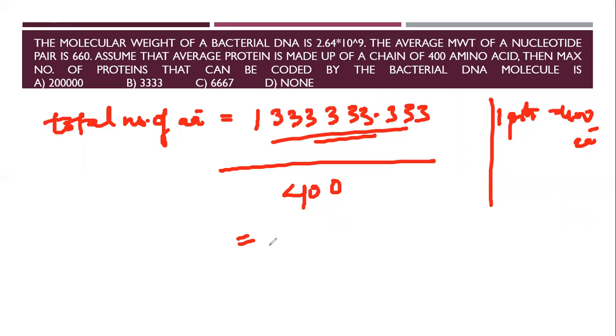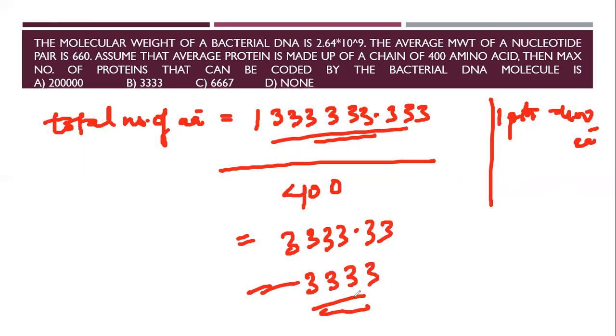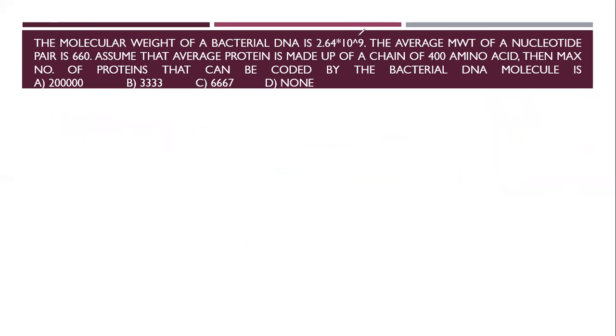So how much are we getting then? It is 3333.33. Let us take the round figure. So which is the option then? Option B. Clear? Is it clear how we got this answer, or should I repeat?